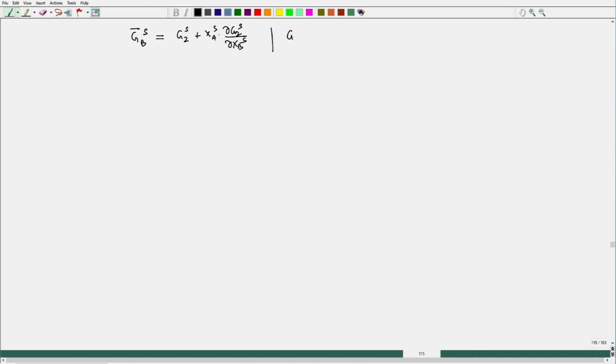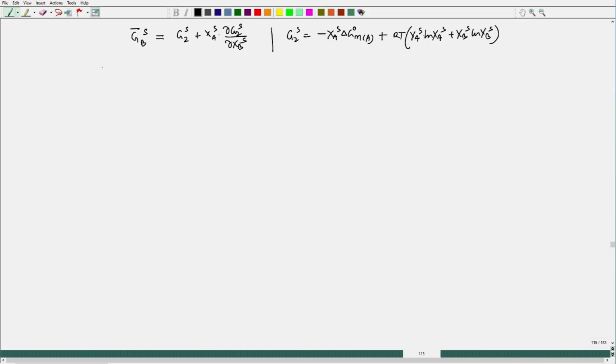And the G2 equation for the solid is G2 solid equals minus XA solid delta G naught M A plus RT times XA solid ln XA solid plus XB solid ln XB solid.